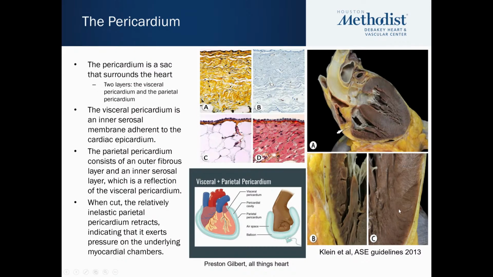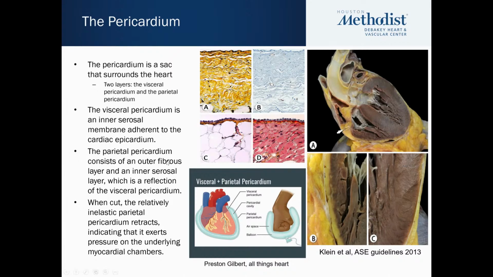If you look at pathologic specimens here from the ASE guidelines from 2013, you see anteriorly, or at least in this segment here, you see the epicardial fat, pericardium, and then this is fat outside of the heart, which we can see very well on MRI. You can call it either mediastinal fat, or it's also called epipericardial fat.